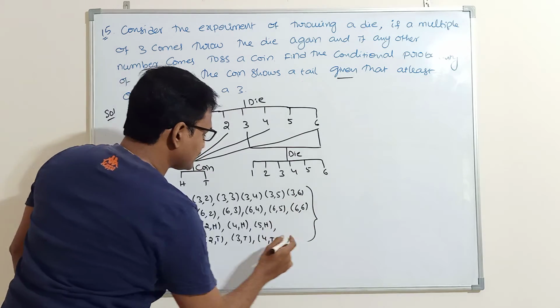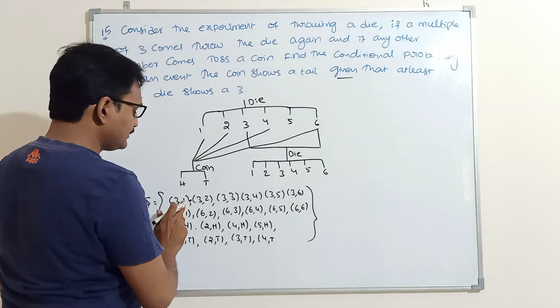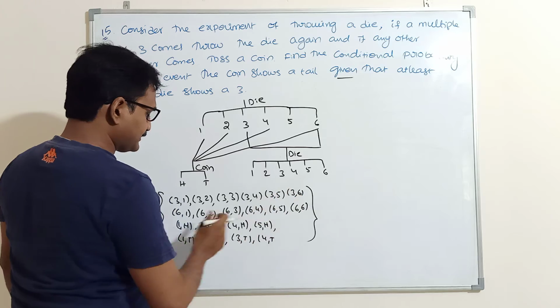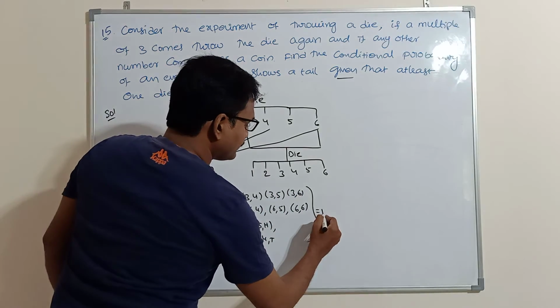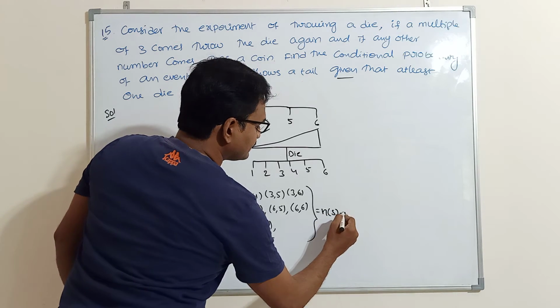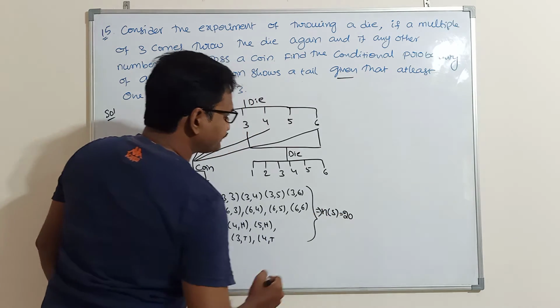So these are the sample points. Total how many sample points are there? 6 plus 6 is 12, 12 plus 4 is 16, 16 plus 4 is 20. The number of sample points is 20.